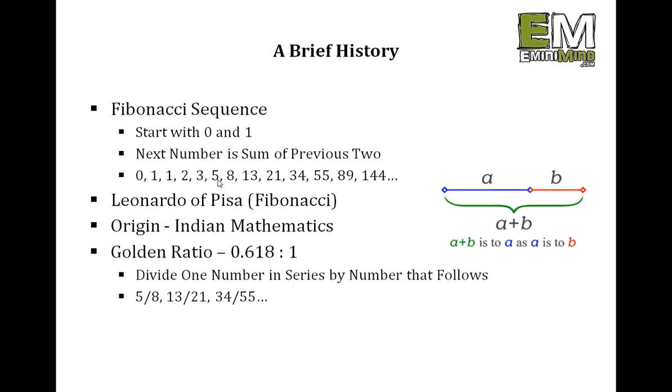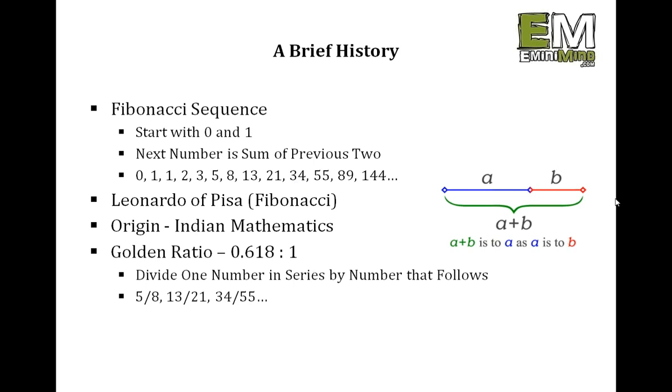If you were to divide each number by the one next to it, you get the golden ratio. That's 61.8. So 5 divided by 8 is essentially 0.618. 8 divided by 13, 13 divided by 21, 21 divided by 34. Any number in the series gives you that golden ratio.